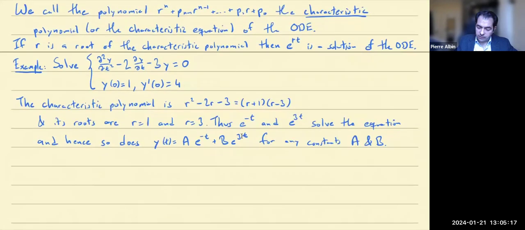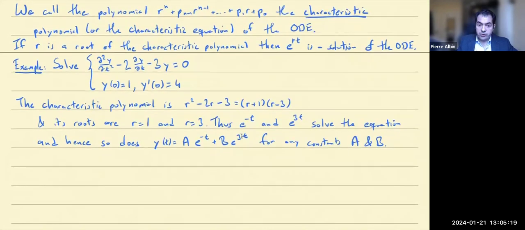Okay, so we just need to satisfy the initial condition. So plugging in the initial condition, we would have y of 0, right? Well, y of 0 would be just a plus b, and we need that to be equal to 1.